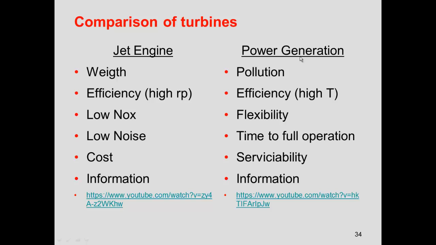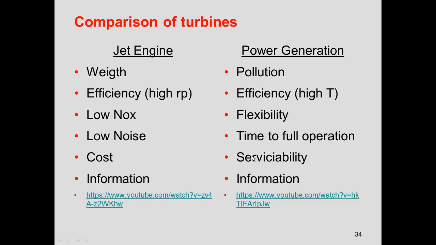Another thing is flexibility. Since these are used for power generation, these power plants need to go from zero to full operation in very small time. In this video, you will see that it can get there up to 10 minutes. And flexibility is because they need to be adjusted for different loads.